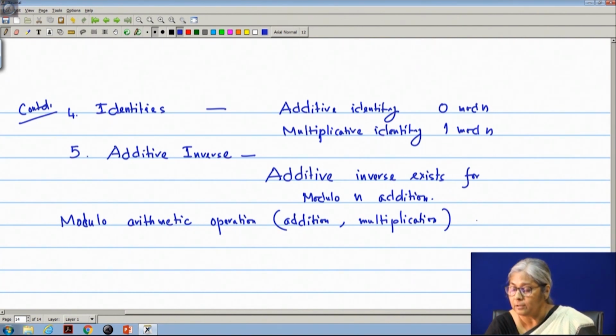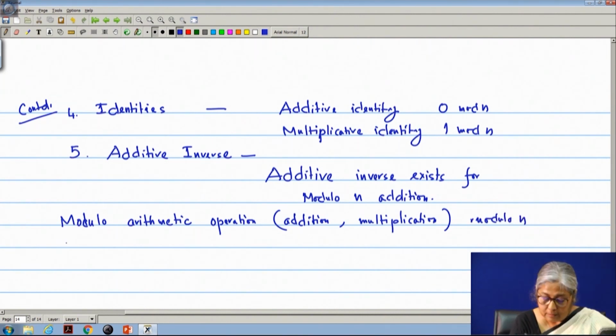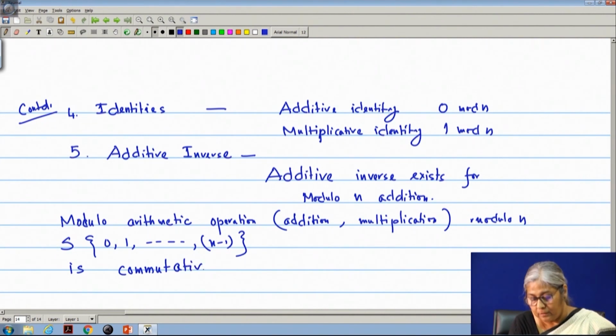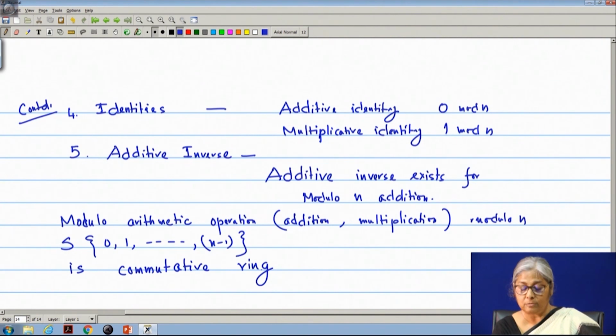We are taking modulo n, and it is operated on the set 0, 1 to n minus 1, and it is a commutative ring, because multiplication is also commutative.